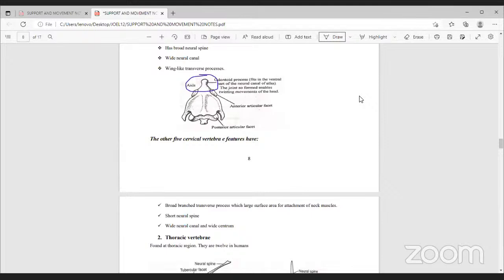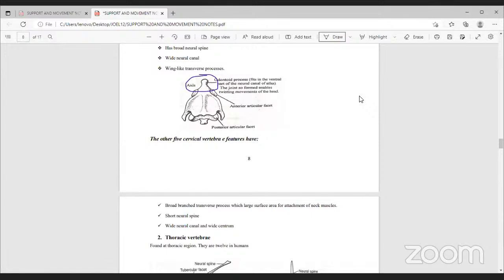Number 1, broad branched transverse processes.